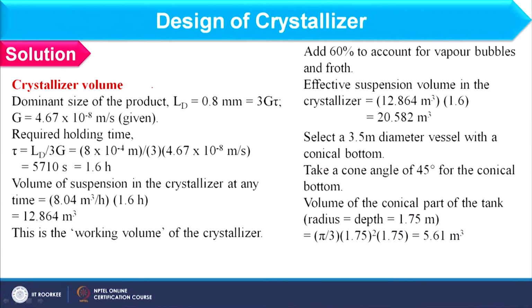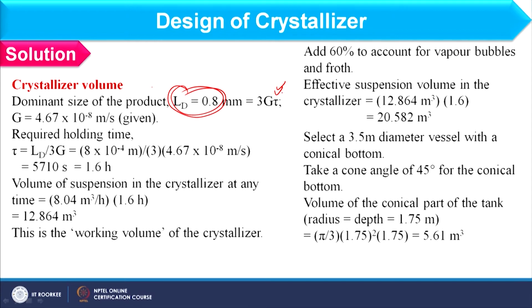Okay. And now we have to calculate the volume of the crystallizer. For that purpose we have to find out the residence time. It means for how long the solution remains in the crystallizer. Whatever solution is leaving, multiplied by the residence time, will give the total volume of liquid available in the crystallizer at a given time, right. To find that we have to consider LD, which is basically the size of the product, and that is 0.8 mm, and that should be equal to 3G tau.